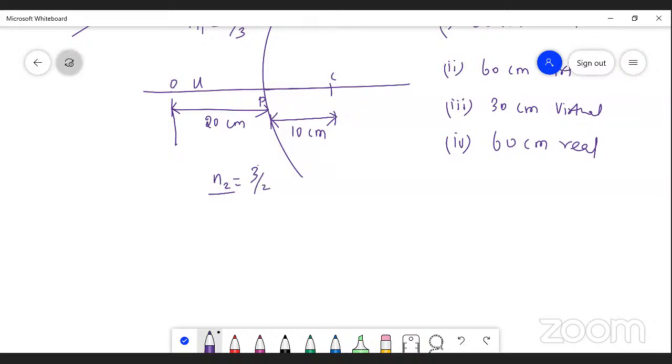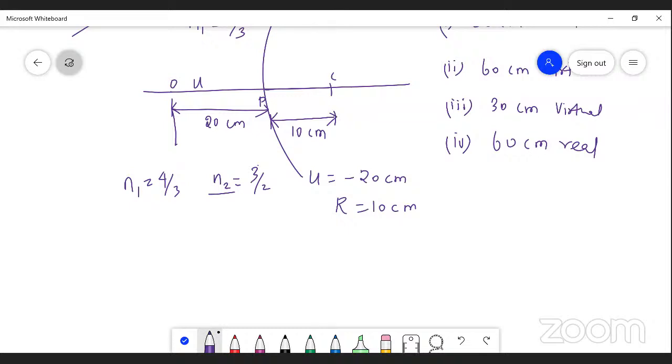See, 3 by 2 is the formula. N1 is equal to 4 by 3. And U value is equal to minus 20 centimeter. And R is equal to 10 centimeter. Just N2 value is. What is N2 value?